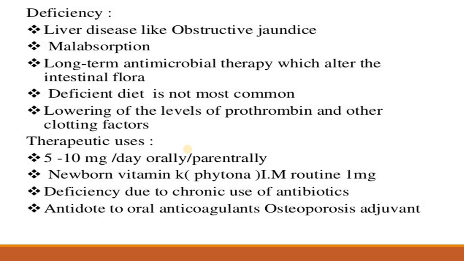Therapeutic use is 5 to 10 mg a day orally or parenterally. Newborns routinely receive vitamin K IM. Also deficiency due to chronic use of antibiotics, antidotes to oral anticoagulants, and osteoporosis.